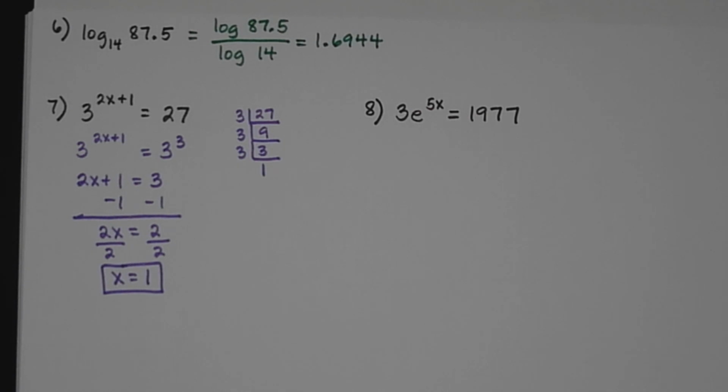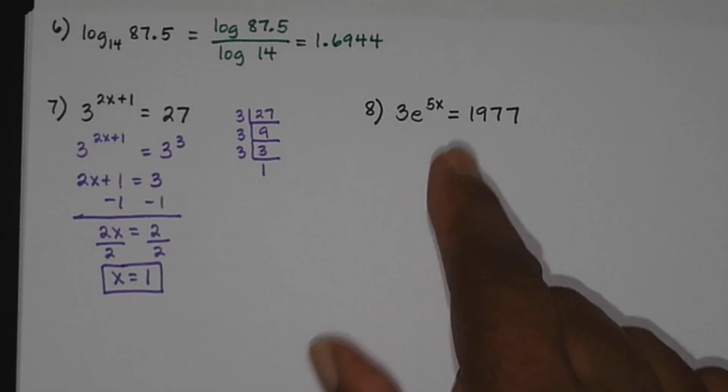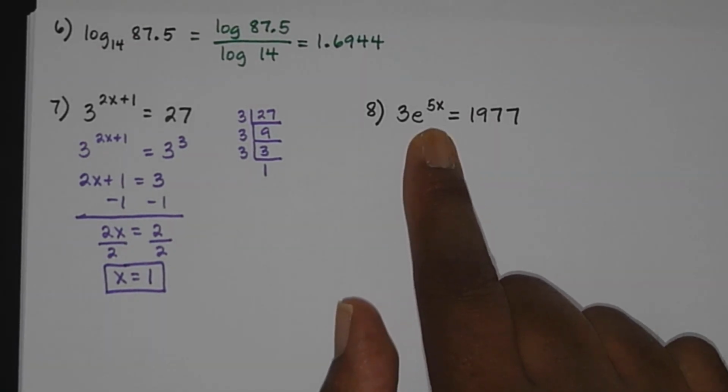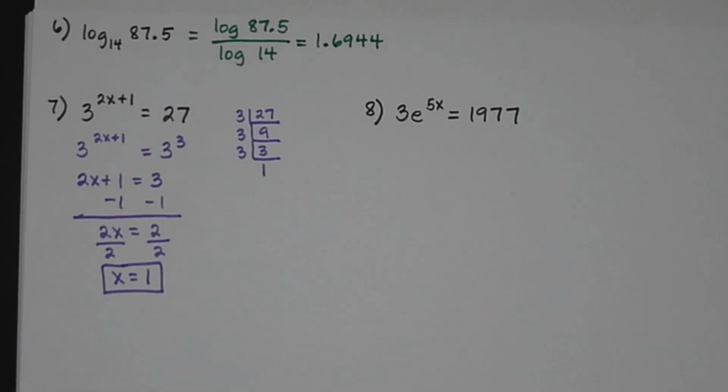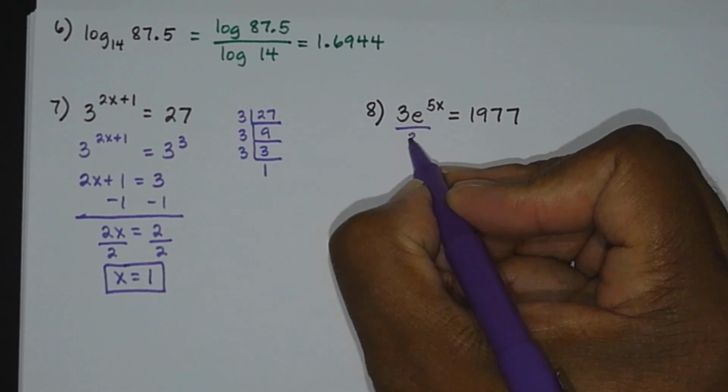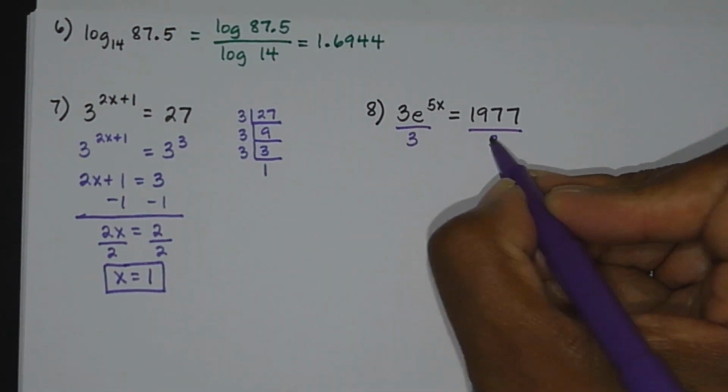So the first thing we need to do here is get the exponential expression e^(5x) by itself. Here we're multiplying it by 3, so the opposite of that would be to divide both sides of this equation by 3.